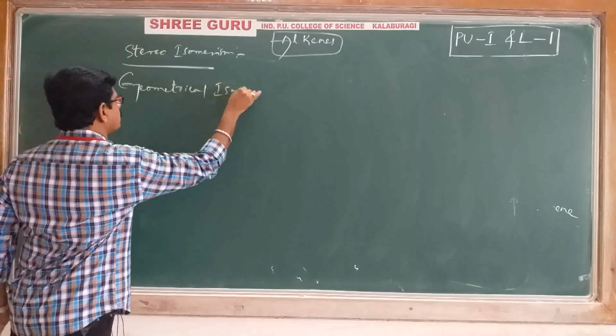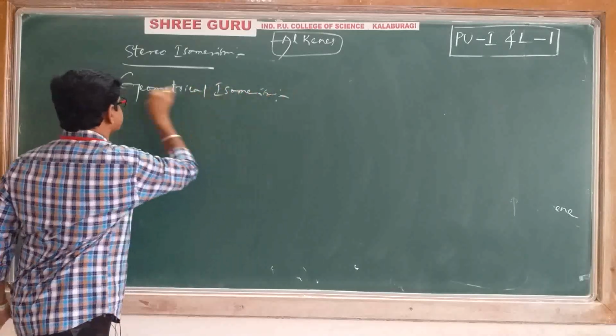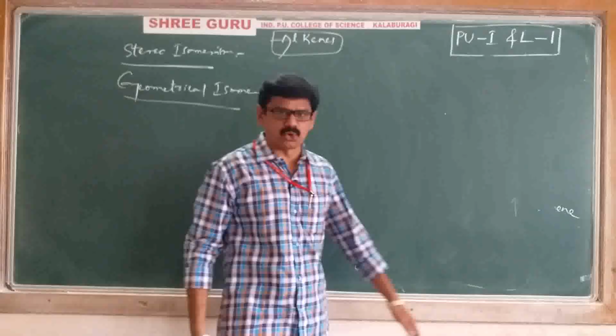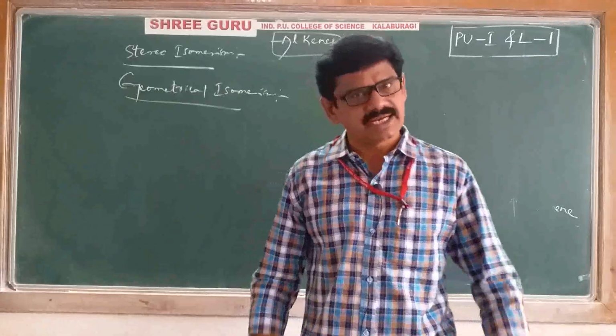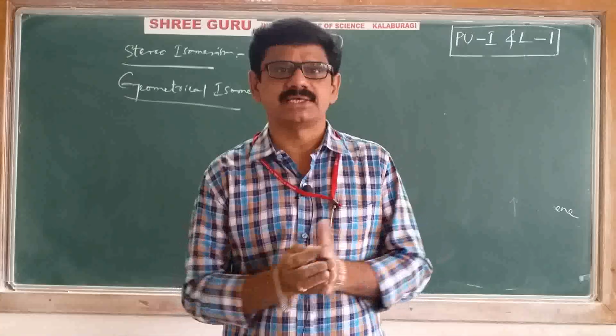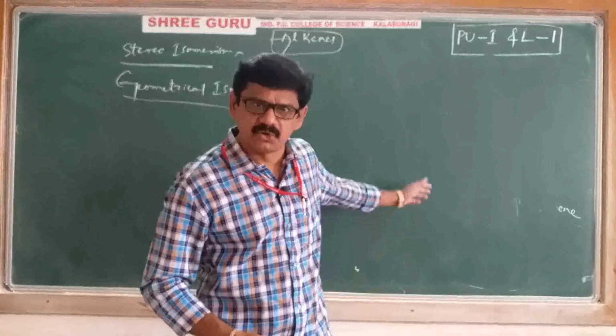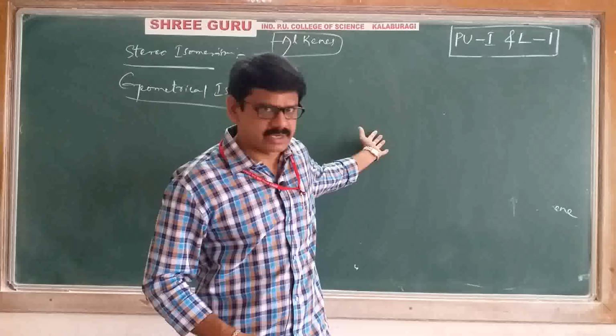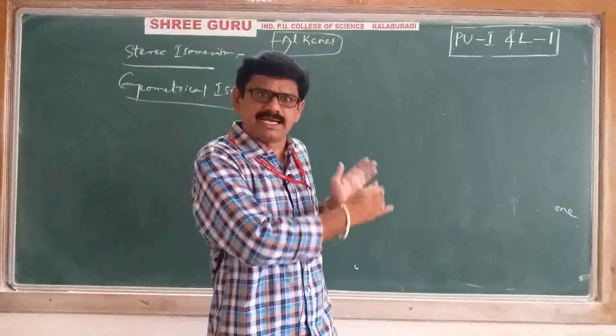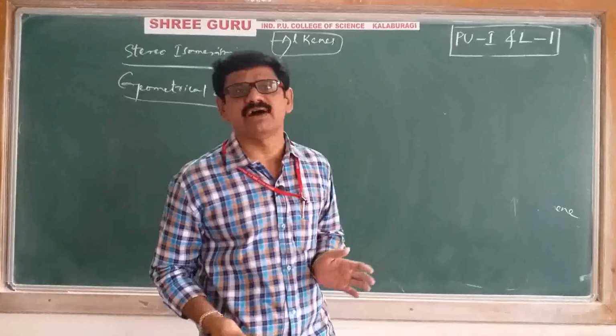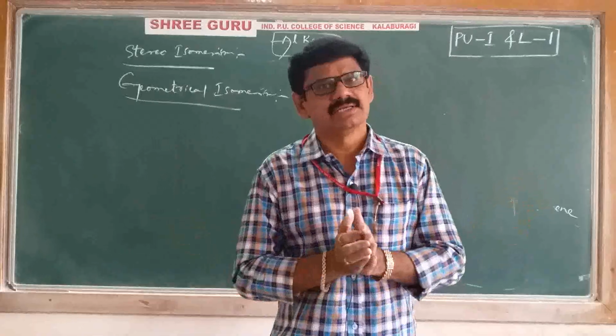Alkenes show geometrical isomerism. Let's discuss what geometrical isomers are, I mean, how to explain geometrical isomerism. For that purpose, I'll give you one particular example. First we'll take one example, we'll understand the example, later we'll define the exact definition of geometrical isomerism.